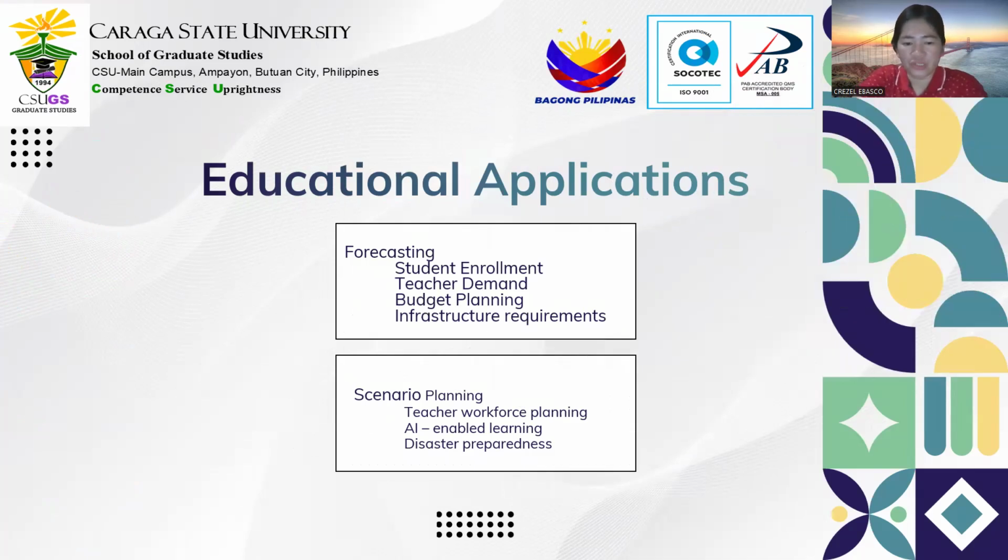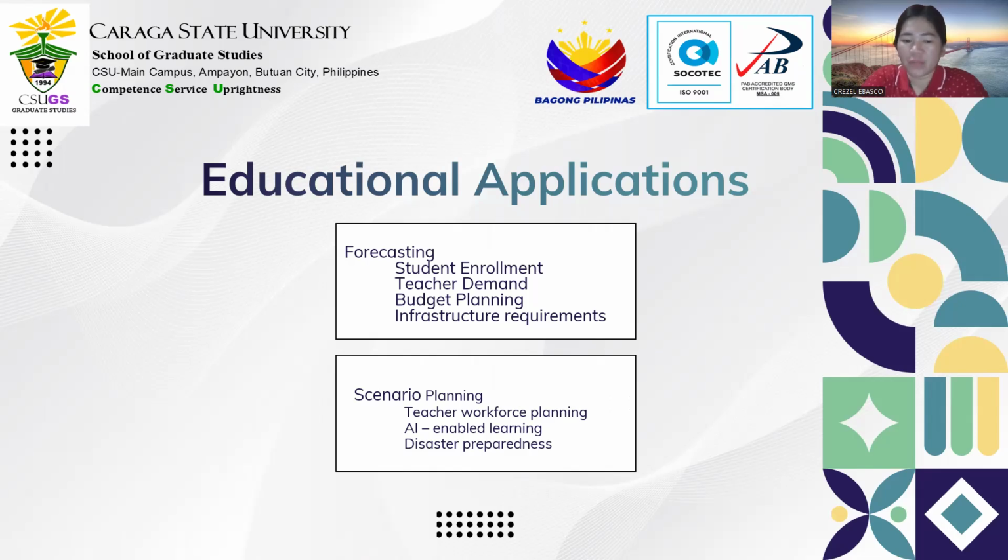Educational institutions increasingly apply forecasting and scenario planning in strategic decision making. Examples in forecasting include students' enrollment, teachers' demand, school budgets, and infrastructure requirements.